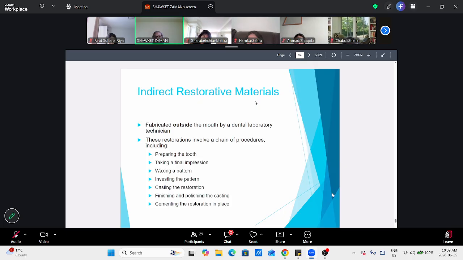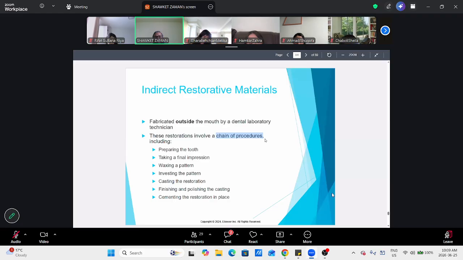They are all known as indirect restorations. They should be made in the laboratory. So there is a chain of procedures. We have to memorize this chain of procedures because these are the steps we have to follow, and that will help us understand how the indirect restoration is made outside the patient's mouth.